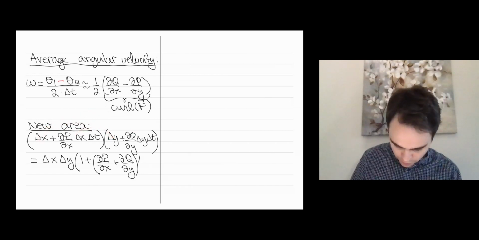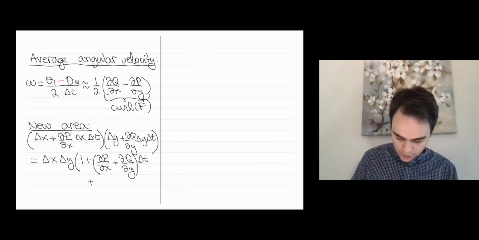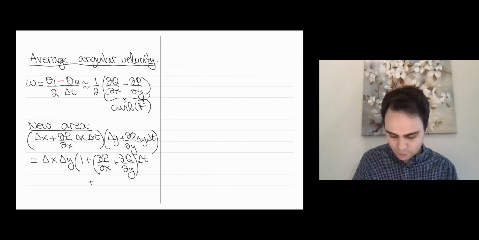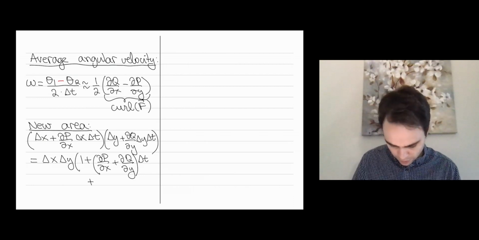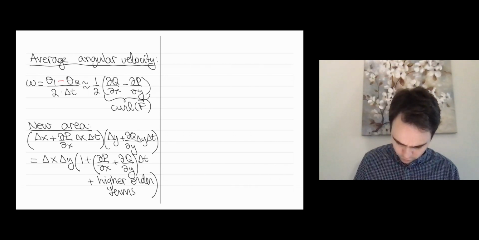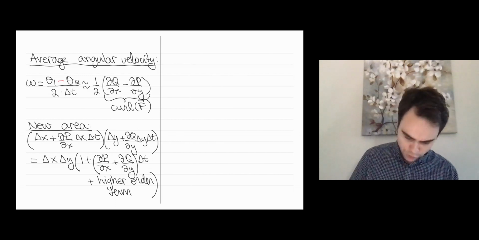That's what I just computed, times delta t, plus higher order terms, right? Things that involve two delta t's, I mean, delta t squared. I'll just ignore that. Just call it high order term.